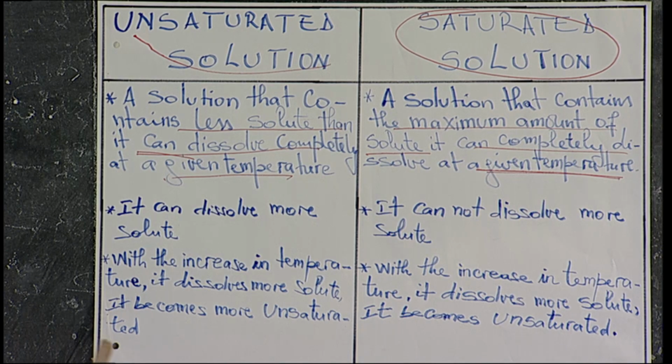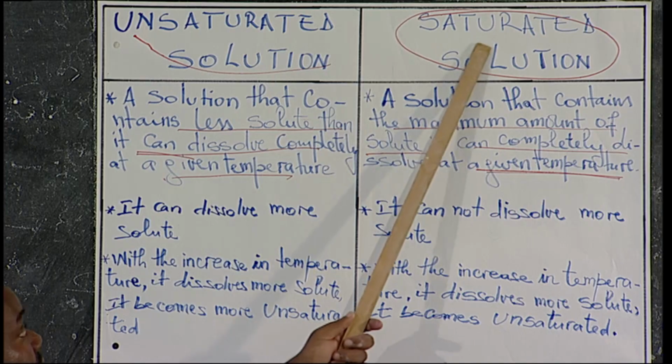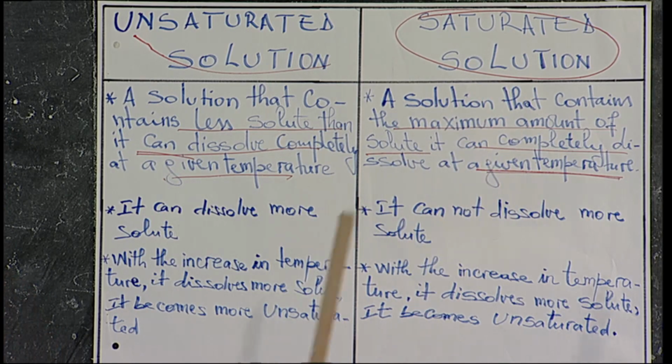It makes sense. But what happens when a saturated solution experiences an increase in temperature? Remember, a saturated solution cannot dissolve more solute. But what will happen when you increase its temperature? Now it will be able to dissolve more solute.